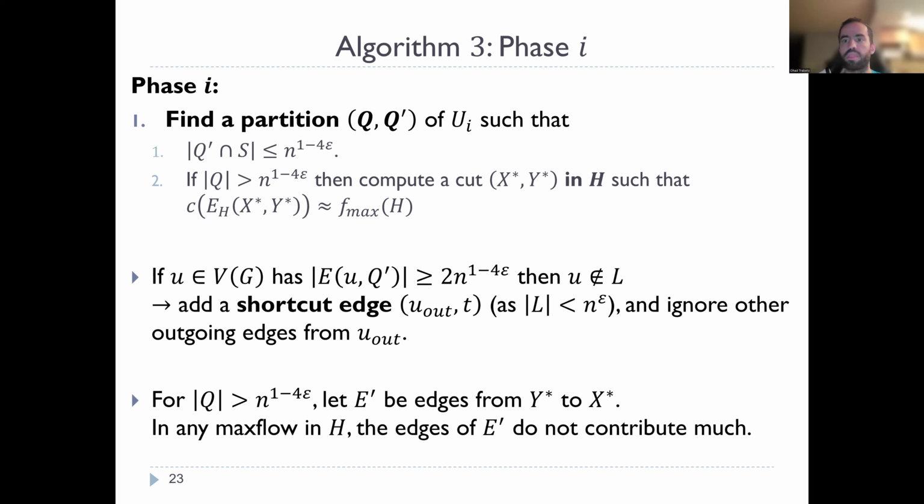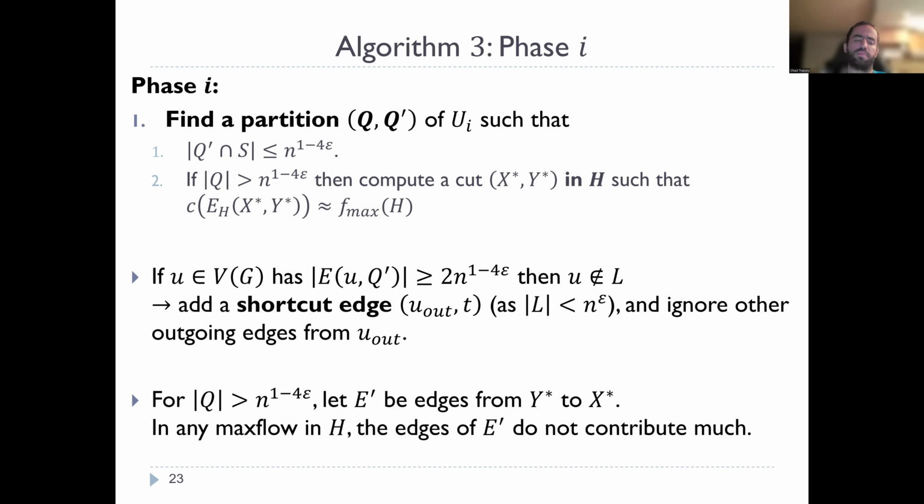The first one is that Q prime doesn't have a big intersection with the separator. The intersection of Q prime and the separator is at most n to the 1 minus 4 epsilon.